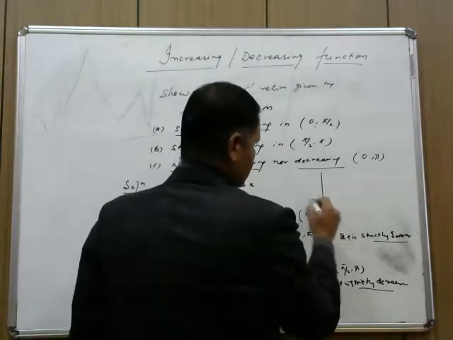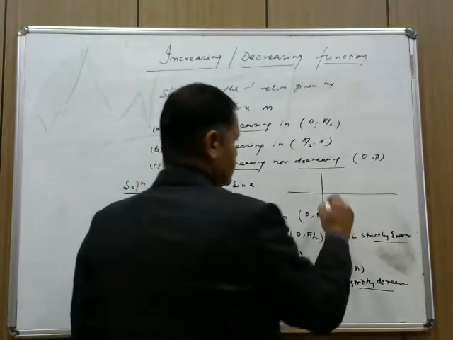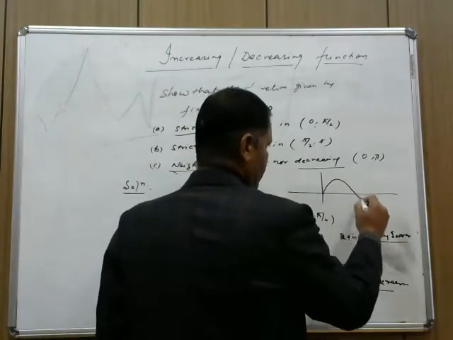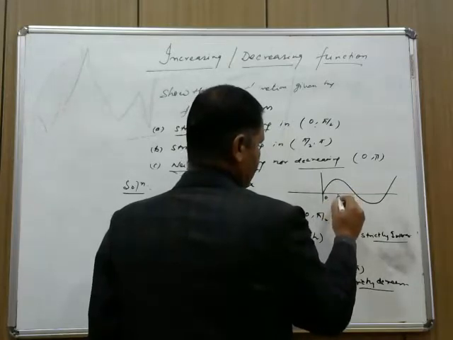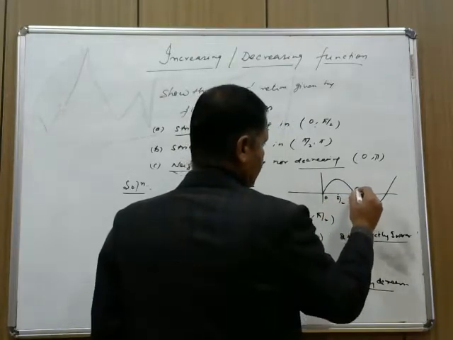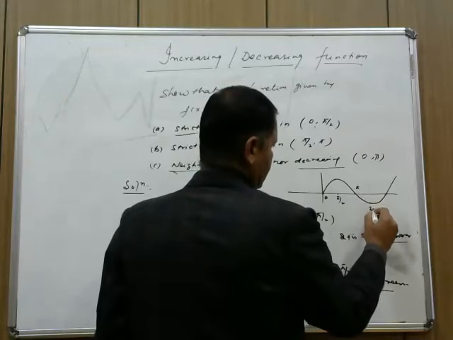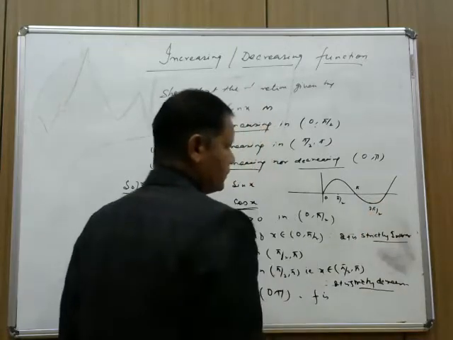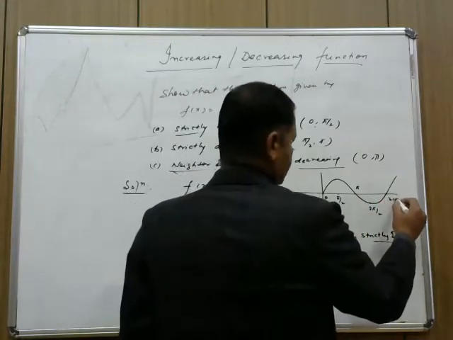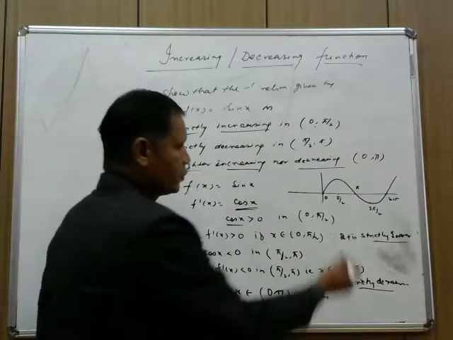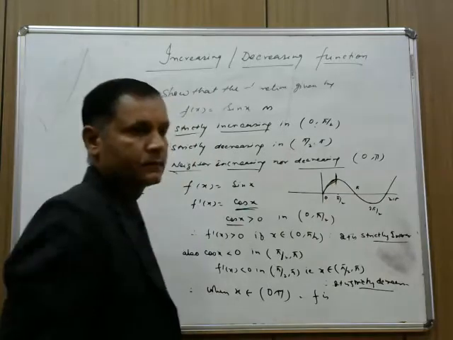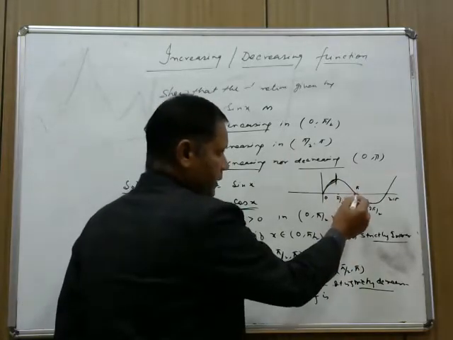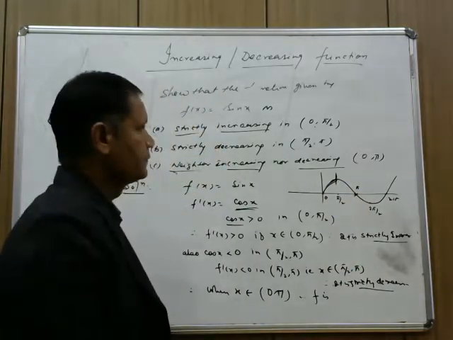See the graph of this function. If you draw the graph, 0, here pi by 2, here pi, 3 pi by 2, 2 pi. See now, in between 0 to pi by 2 it is increasing, pi by 2 to pi it is decreasing.